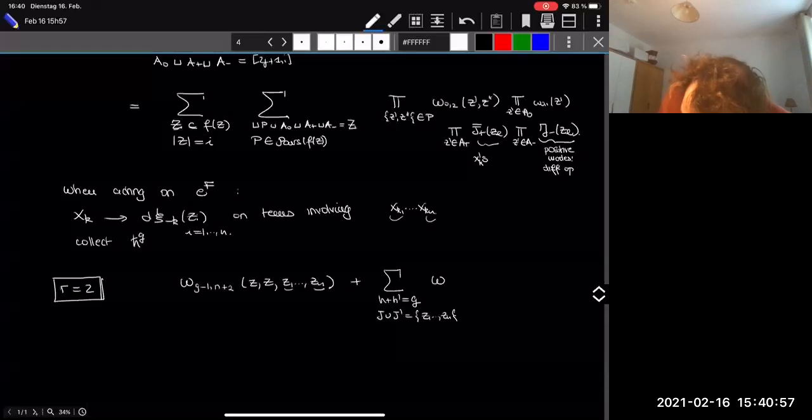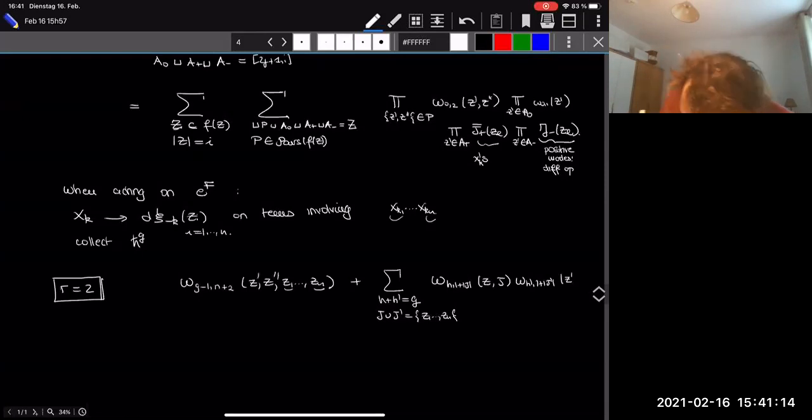And here we'll have omega h1 plus j, j, omega h prime 1 plus j prime. So z and z prime, maybe z prime and z double prime. And maybe to be consistent, I put the double primes here as well.